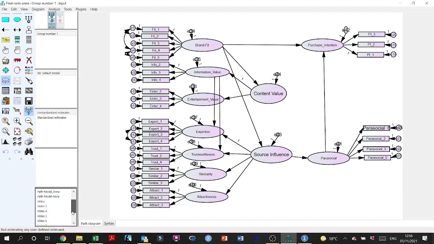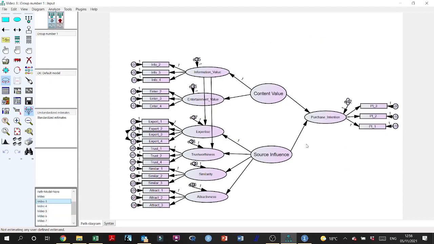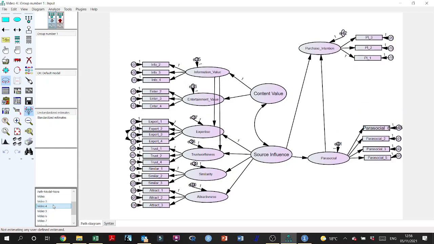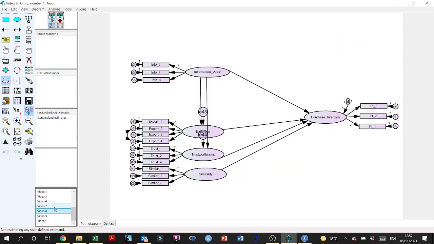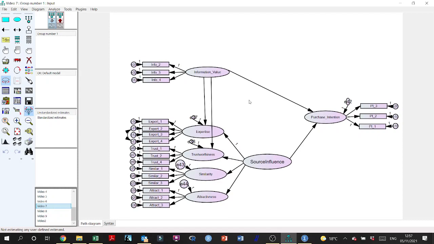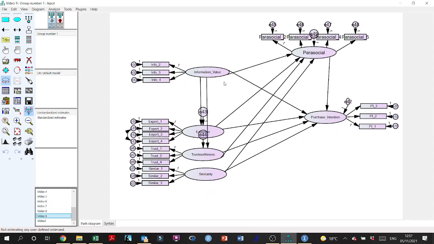However, as I showed in previous videos, we got them to be showing here in a separate model with the absence of brand fit and parasocial relationship. And we got a significant loading here on source influence, but none on content value. We even went so far as to investigate the relationships as separate variables, so all the variables were not in second order on purchase intention.